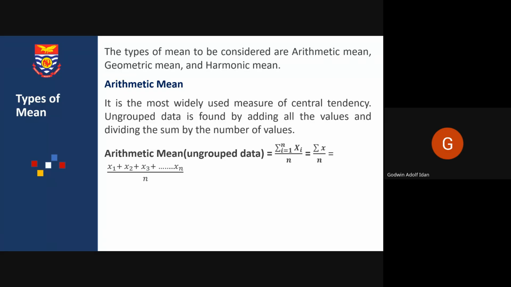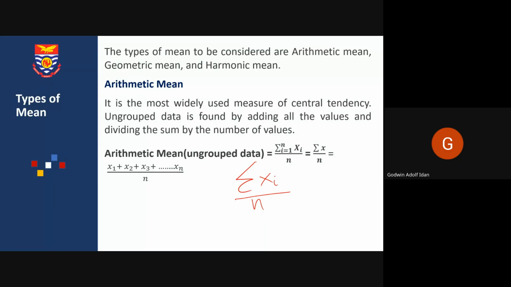And so the formula for ungrouped data is simply adding the various values. So you have the summation of all the values, let's assume the values are the x_i values, and then you divide by n, which represents the number of observations.